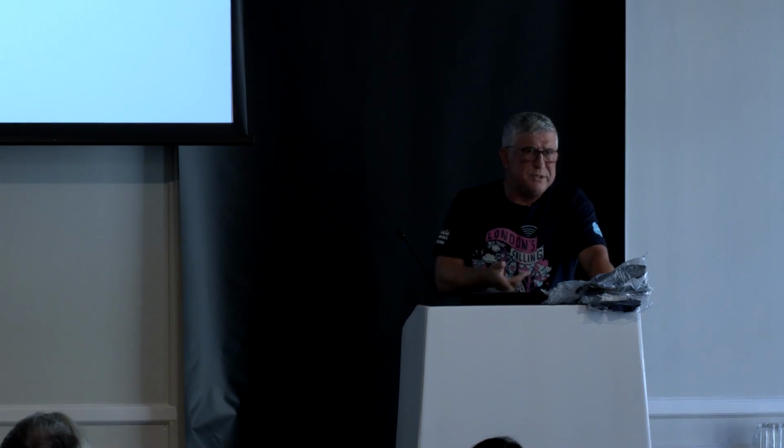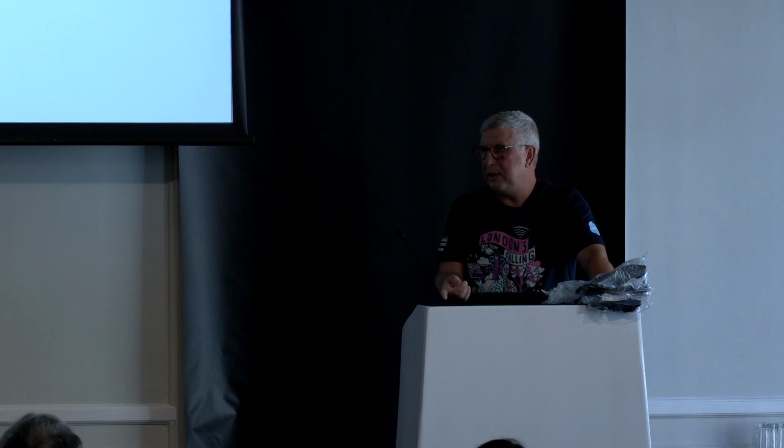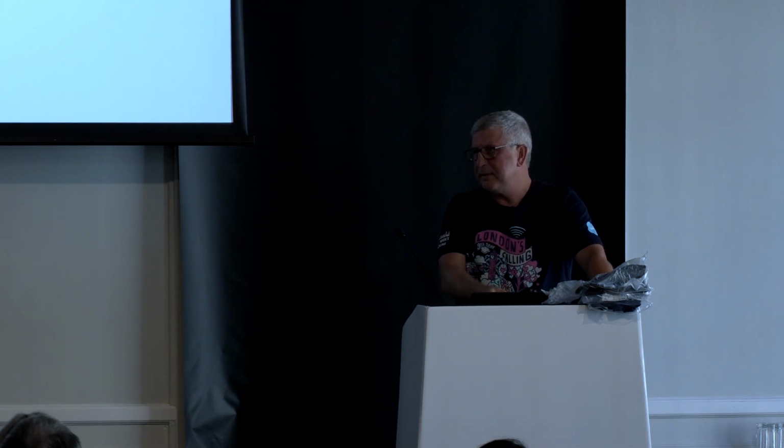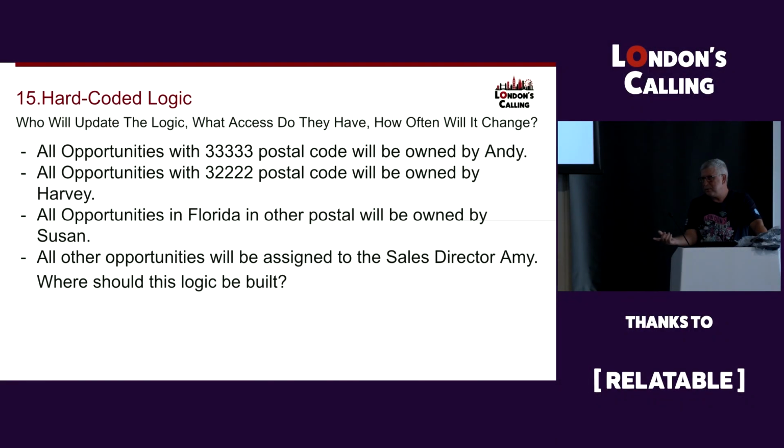So you know this is going to change, right? If you build this inside your flow, you better expect the next phone call, like in a month, to update this. Or you're not going to be able to turn this over. So what's a better way of dealing with this?